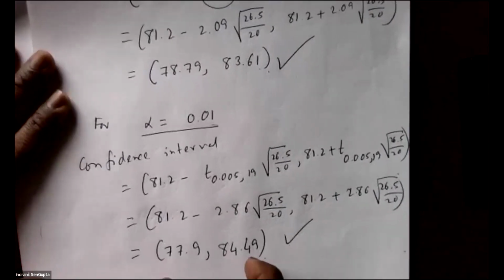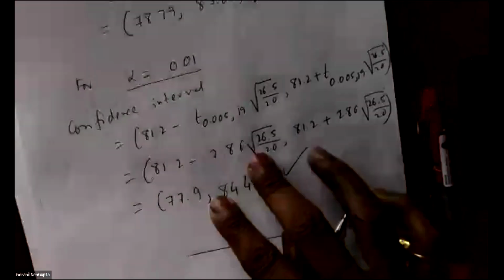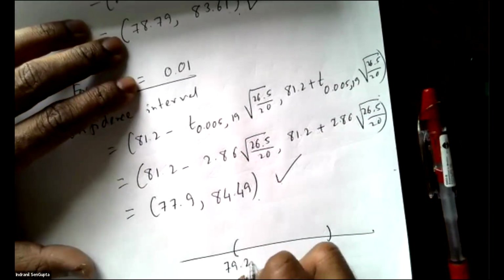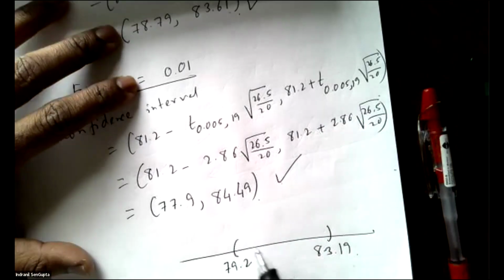So if you look at the intervals, they're increasing. The first time the interval was 79.2 through 83.19, and you're confident 90%.